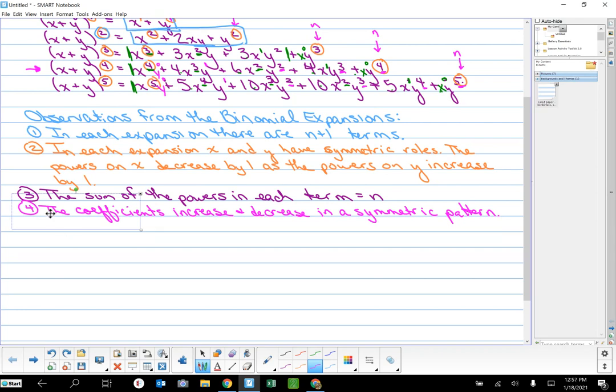And these follow both Pascal's triangle and the definition of combinations.